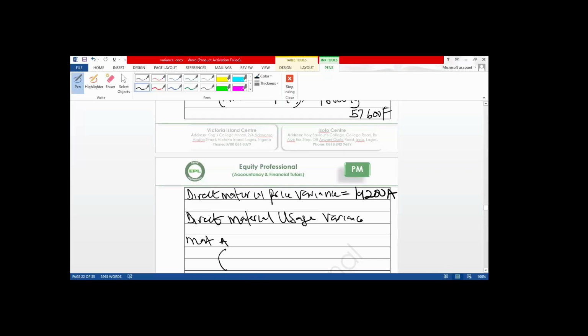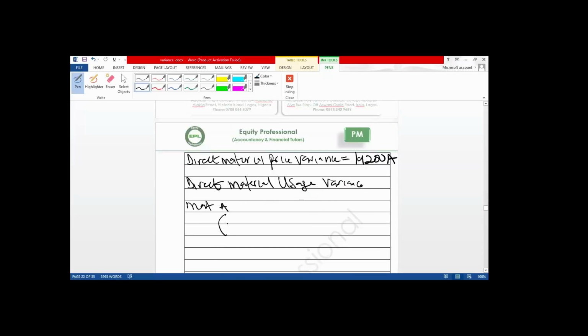Actual material A used is 192,000 kg. Multiplied by standard material price per kg, for material A, 2 naira.